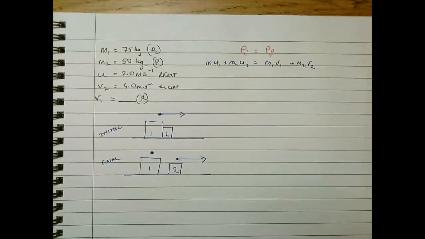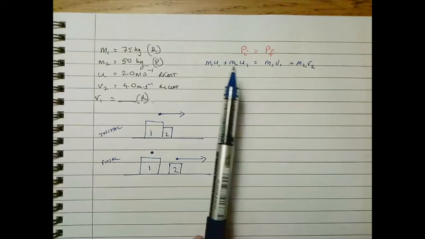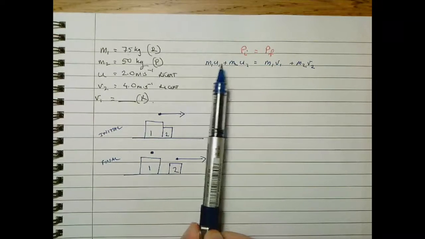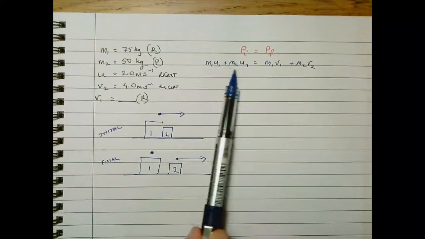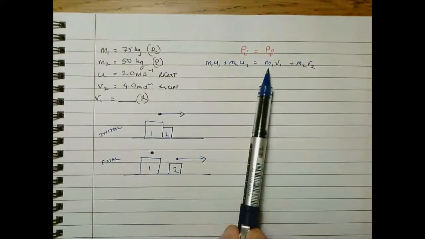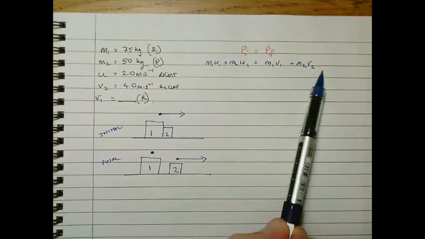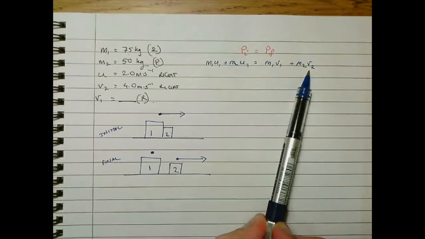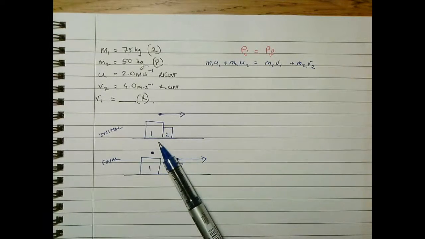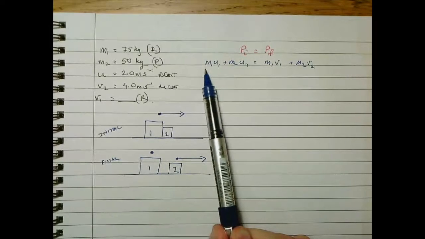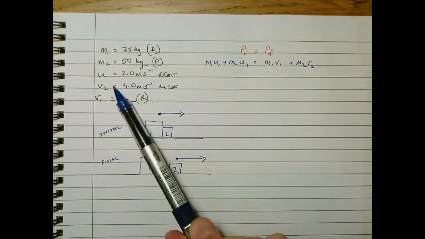So I've identified object 1 momentum, momentum being mass times velocity. We've used lowercase u for our initial velocity. We're adding that to the second object. Likewise with the final momentum, we have the momentum of object 1 in addition to the final momentum of object 2. For this particular context, we have objects 1 and 2 combined at the start, so we must combine these initial velocities, u1 and u2, to just be u.